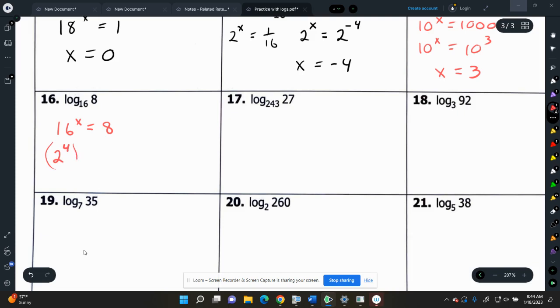So this is 2 to the 4th to the x equals 2 to the 3rd. So that means we have 4x equals 3. So x is equal to 3/4. Anyone have a question on that one?